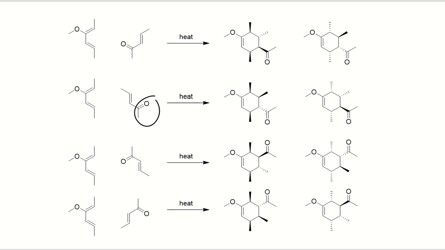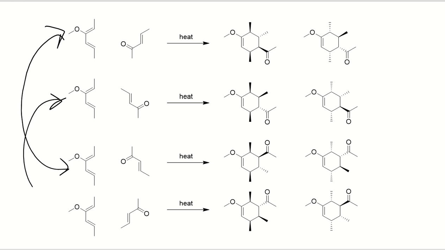Exo would be when the withdrawing group, again, sits outside of that process. So the first one and the third one are the endo products. The second and the fourth are exo products. And the favored product is going to be the endo product.